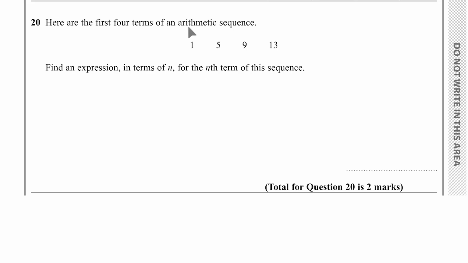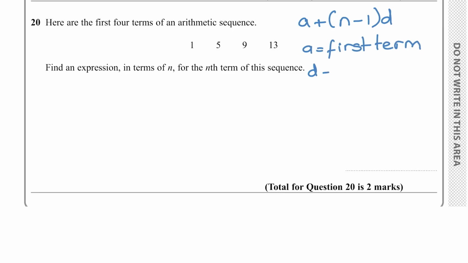Well, with an arithmetic sequence, hopefully you know the formula, and that is A, which is the first term, plus n minus 1 multiplied by D, which is the difference. So A is the first term, D is the difference. And the difference with our sequence is a positive 4 in between. We have the plus 4. So 1 to 5 is 1 plus 4 is 5.